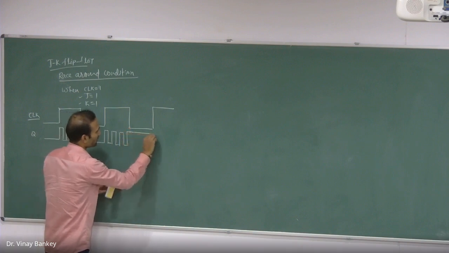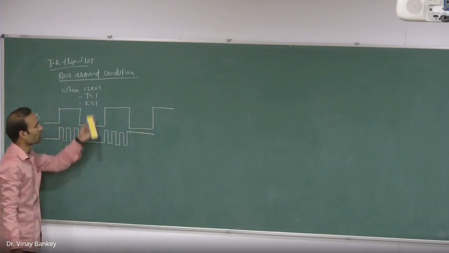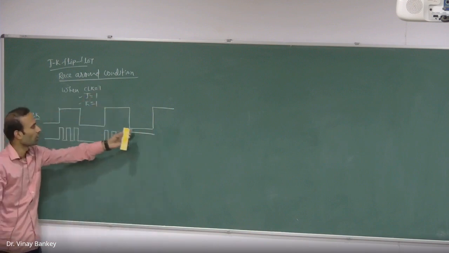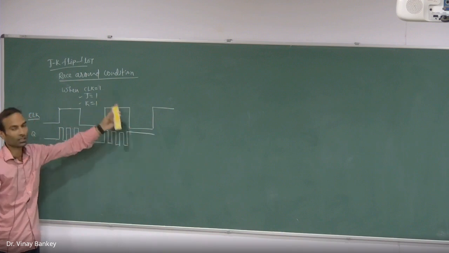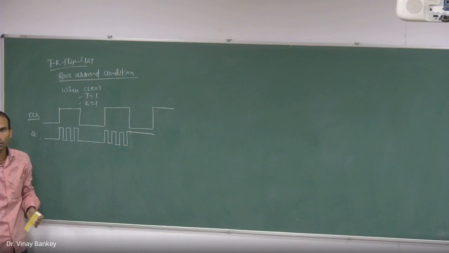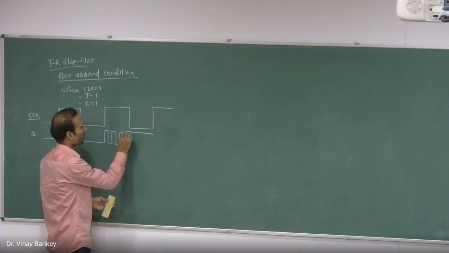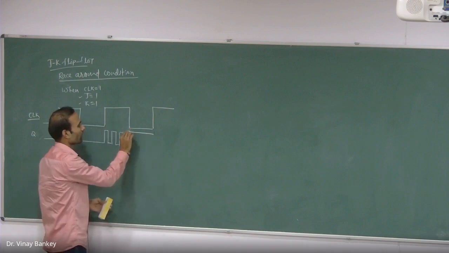So this will continue, because whenever our clock pulse is 0, we stated that for that condition our flip-flop is in memory state. The output will be whatever it was at the time of this level.